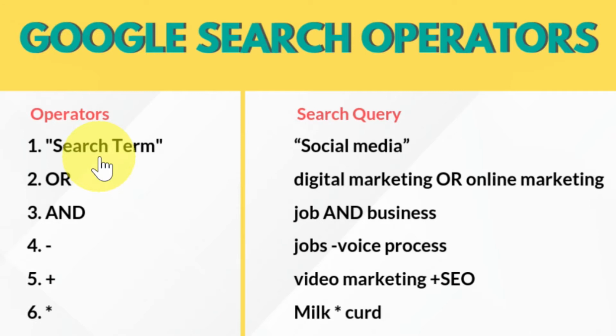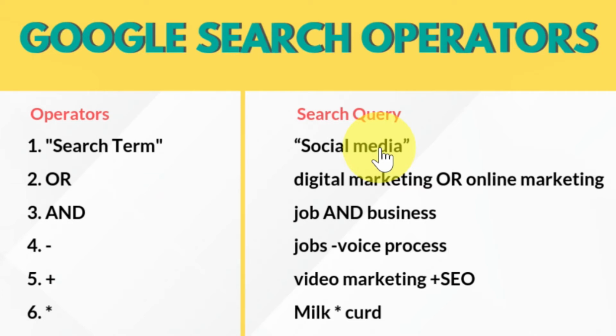The two words would have to be together on the page, side by side, left to right. The other example here is social media. By typing in open quote, social media, close quote, again, the search engine does not look for the words randomly around the page. It looks for a web page which has the first word social followed by the second word media combined together within a paragraph, within a sentence.